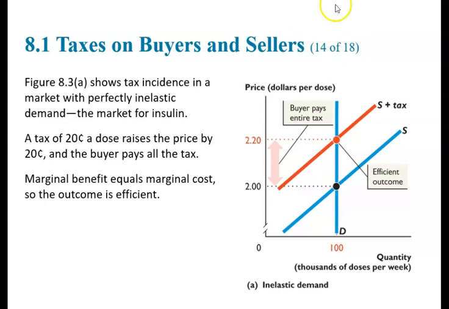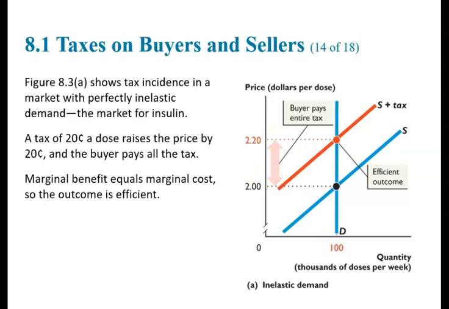So given this vertical demand curve showing perfectly inelastic demand for insulin, what will happen is that the supply curve will actually move up by the amount of the tax, and the whole tax will actually be paid by the buyer. So the total burden of this 20 cent tax will be on the buyers, and there will be no burden on the sellers.